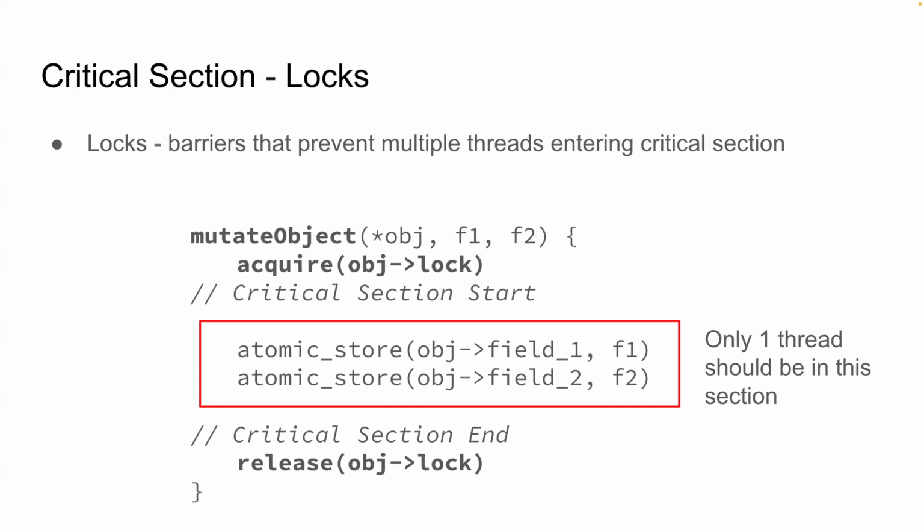Okay, so let me just be clear. There could be another function in another thread that could be accessing the object. If I don't wrap it with an atomic, then although this part of the code is locked, the object itself is not locked.